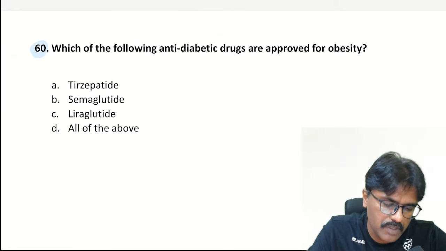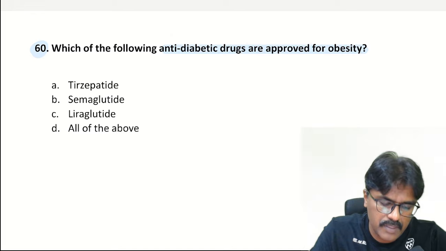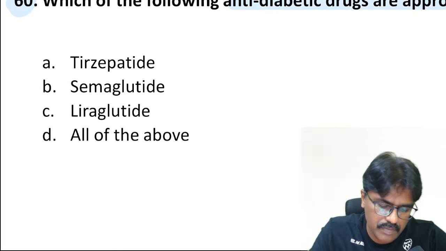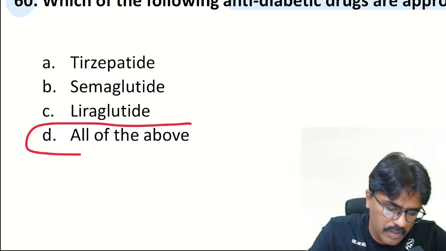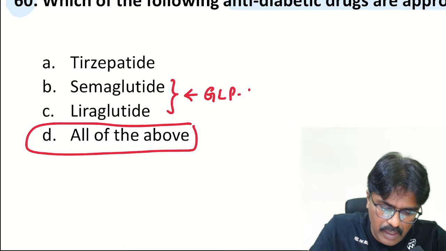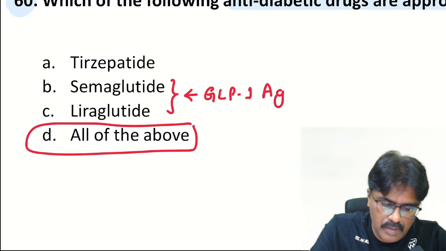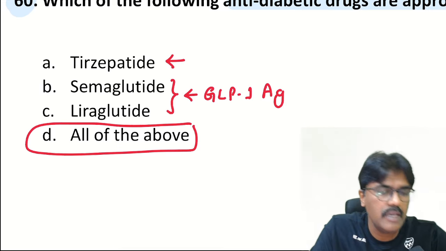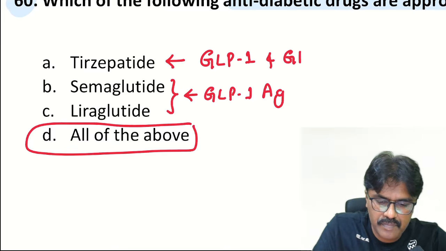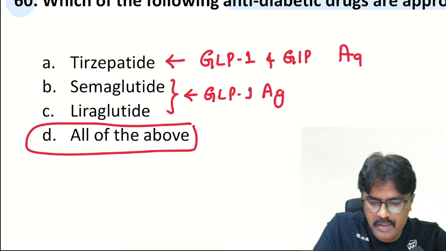Question number 60. Which of the following anti-diabetic drugs are approved for obesity? Tirzepatide, semaglutide, liraglutide, all of the above. Please understand, all of the above. Liraglutide and semaglutide are GLP-1 agonists. And tirzepatide is a recently approved drug which is a GLP-1 and GIP agonist.